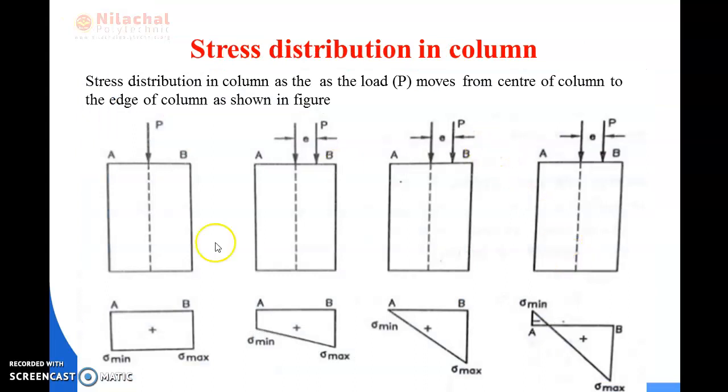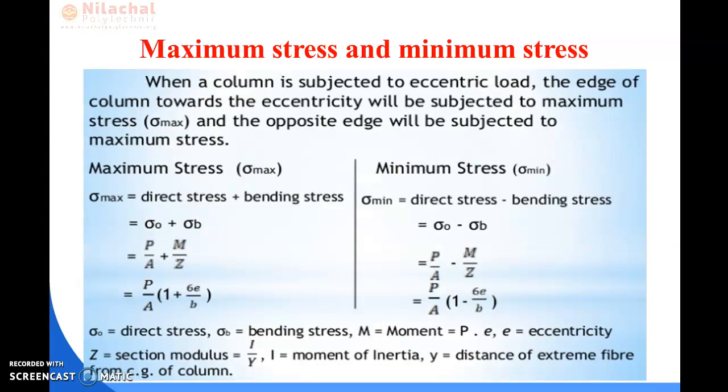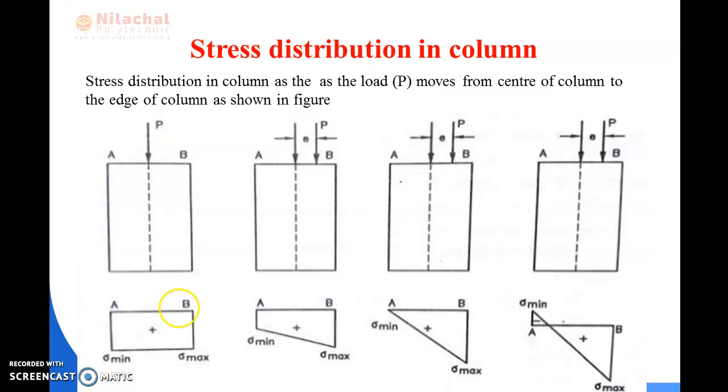So now you can see the variations of the diagram of maximum and minimum resultant stress here. Whenever the loading system coincides with the longitudinal axis of the column, then only direct stress is developed in the column section.